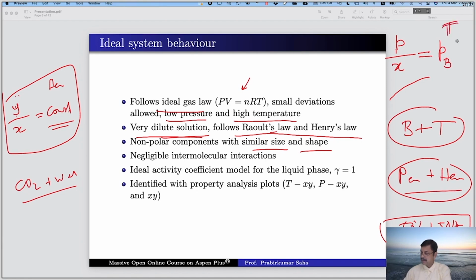Obviously, this relationship will change with temperature. So this is called Raoult's law, and an ideal solution follows Raoult's law, and will have negligible intermolecular interaction.